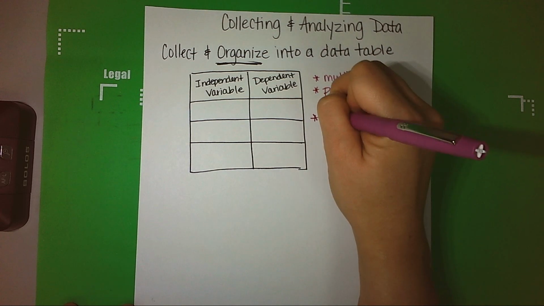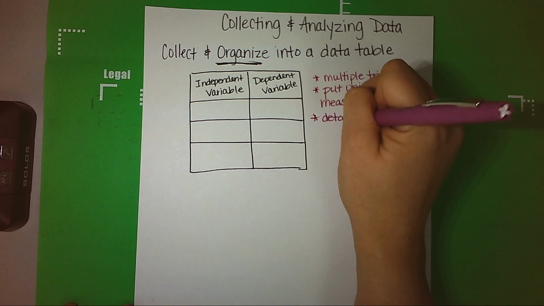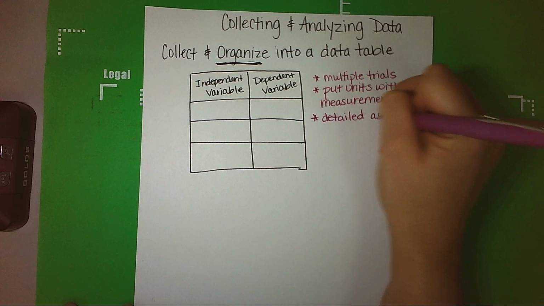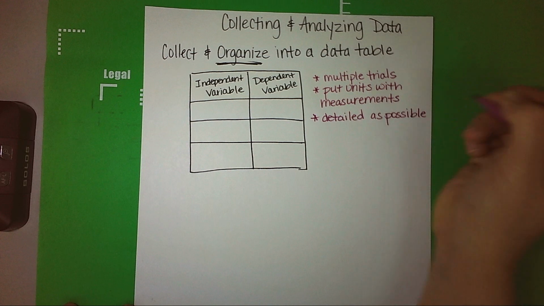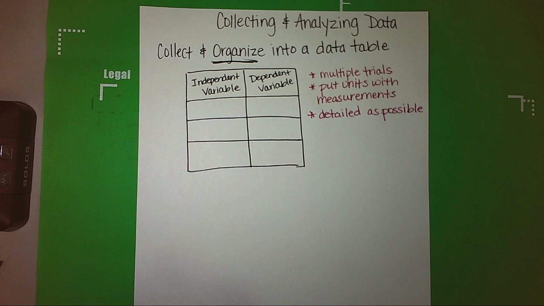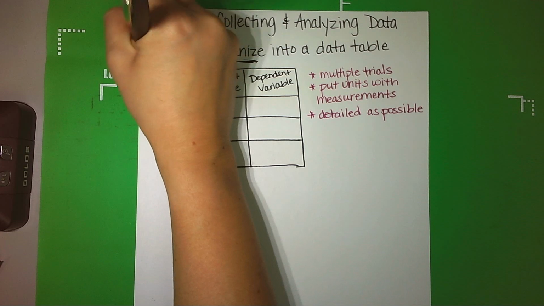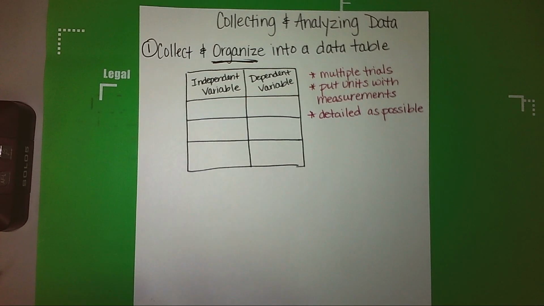Alright, and you want to be as detailed as possible. Alright, so then you always collect your data into a data table, okay? So that would be like step 1, okay?